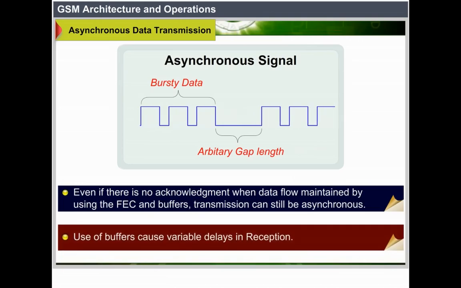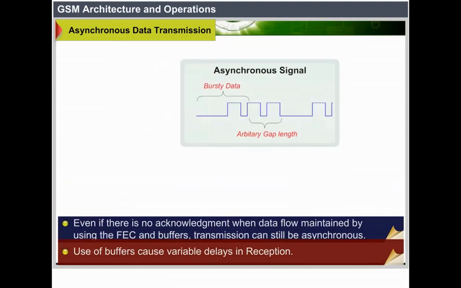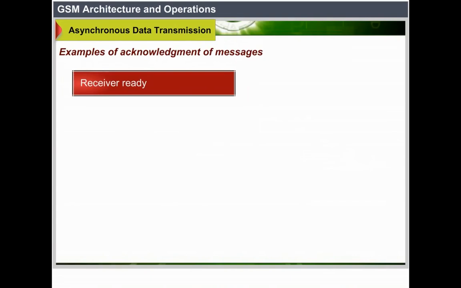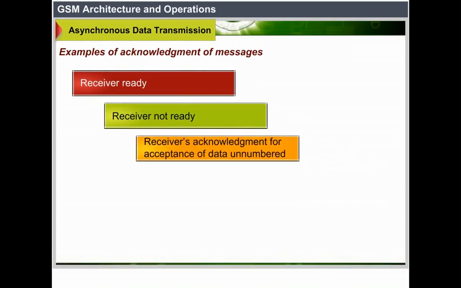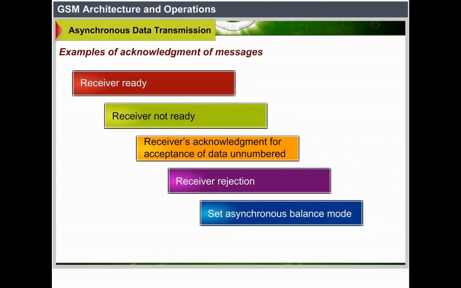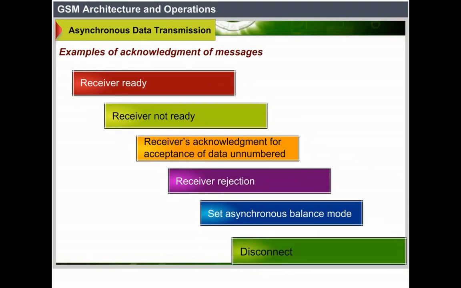Use of buffers causes variable delays in reception. Examples of acknowledgement of messages: receiver ready, receiver not ready, receiver's acknowledgement for acceptance of data, unnumbered, receiver rejection, set asynchronous balance mode, disconnect.